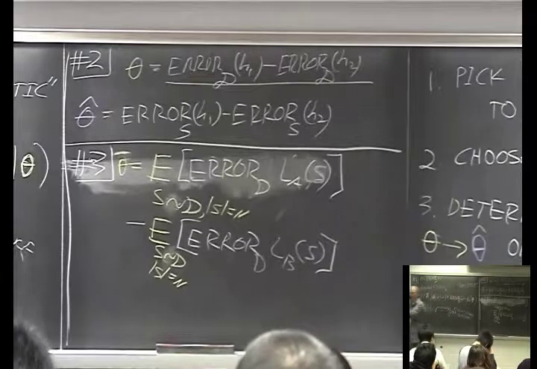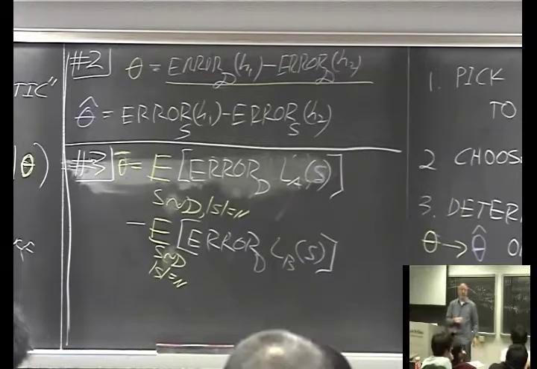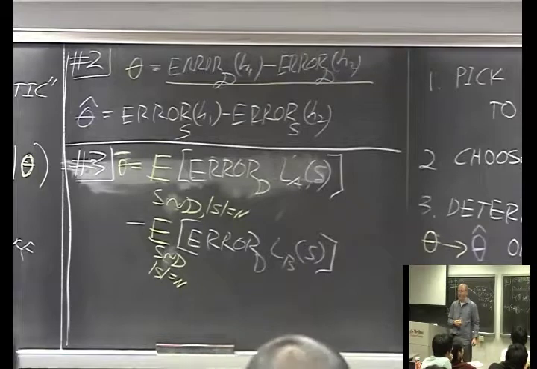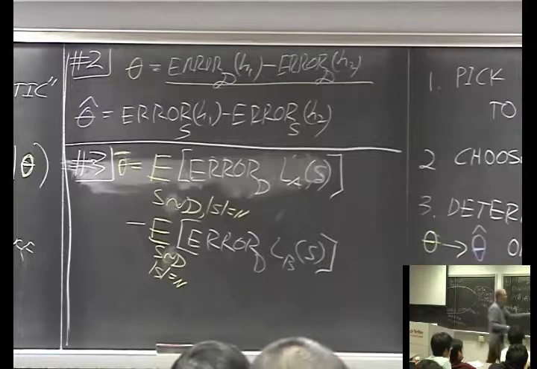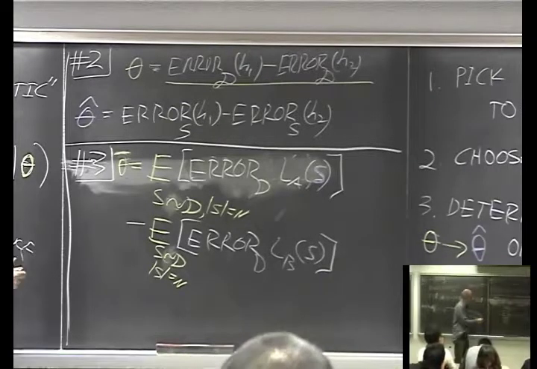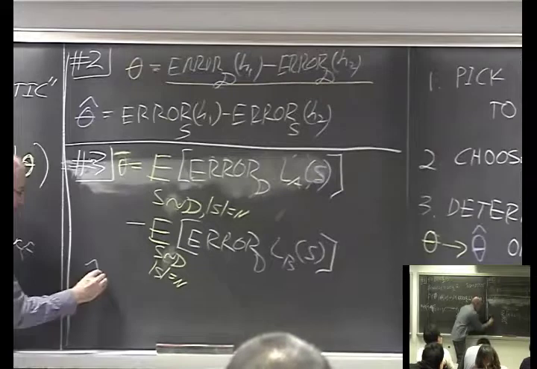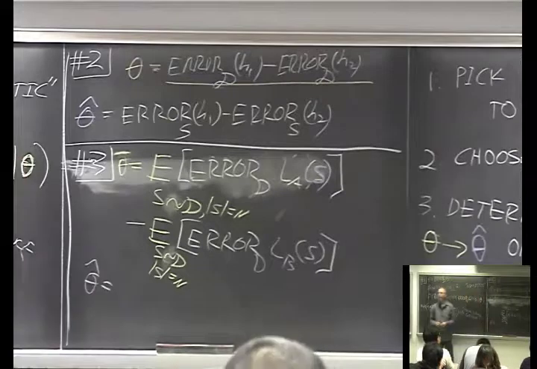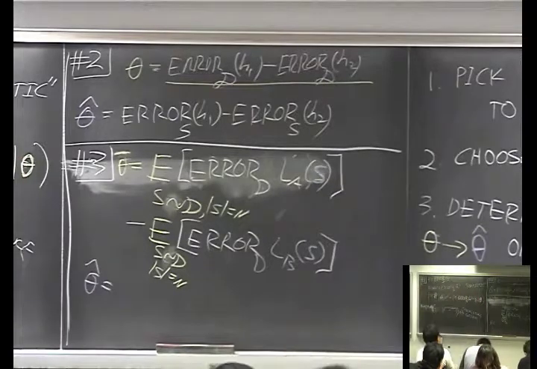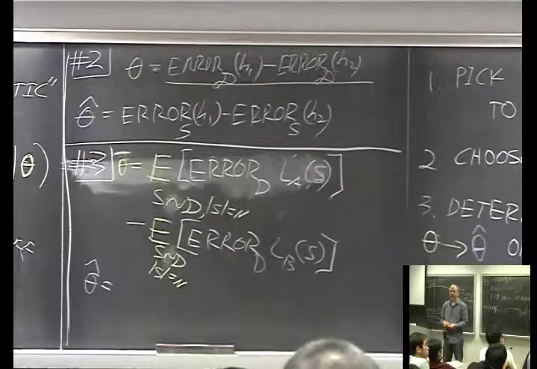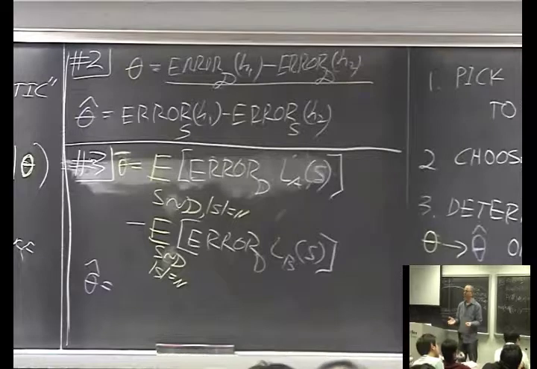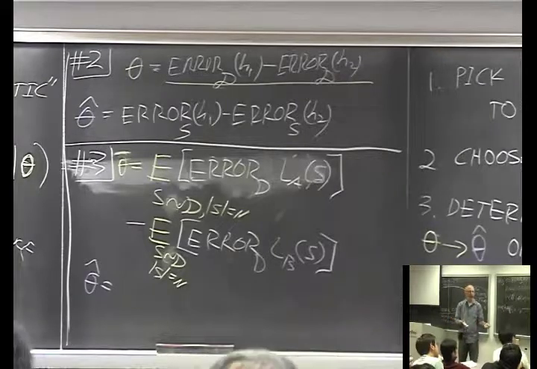Okay, that was step 1. Step 2 is defining your estimator. How would you like to define the estimator for this particular green theta? What would be purple theta hat? Remember, it's purple, so it has to be some well-defined, calculable function of the data.